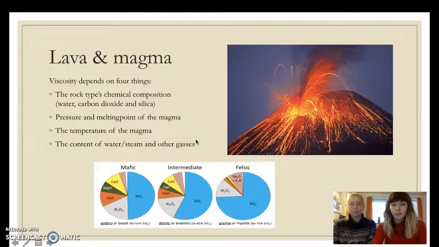And down here you can see a chart of the different types of rocks and their amount of, for example, silica, and a major part of magma is made of silica. The lesser the silica, the lower the viscosity, and also the other way around.